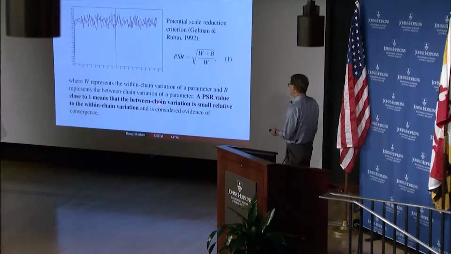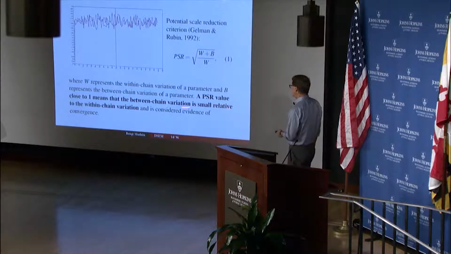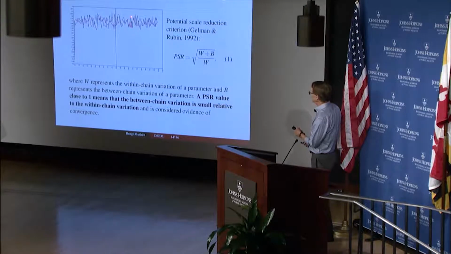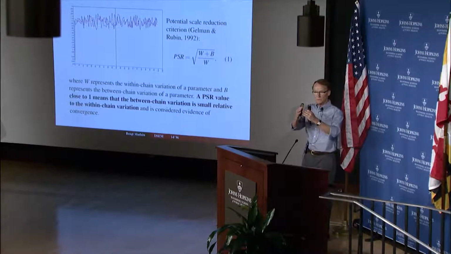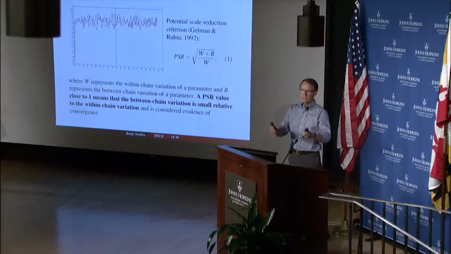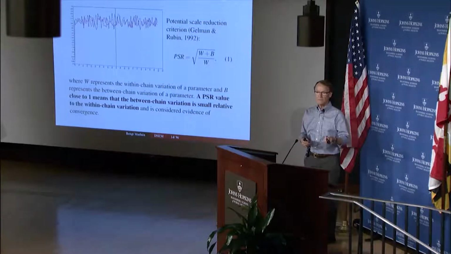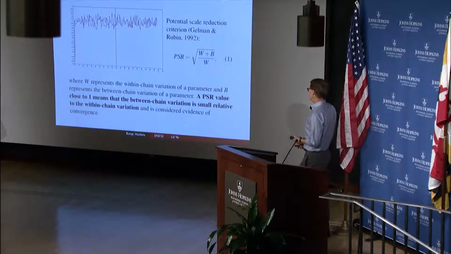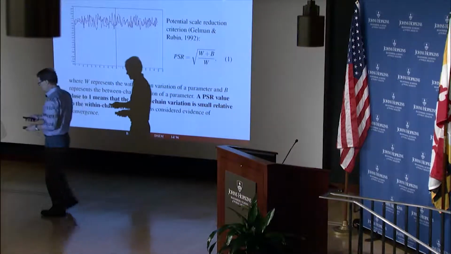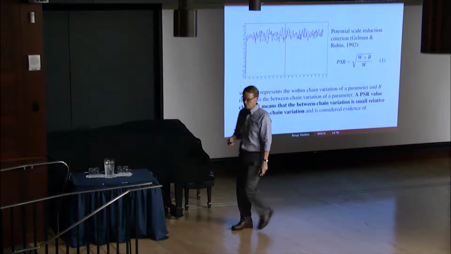And that means that the between-chain variation is small relative to the within-chain variation. You have within-chain variation, of course, because that's supposed to describe the full parameter distribution. But you don't want the between-chain variation to be large relative to the within-chain variation. Then you haven't gone to convergence yet.